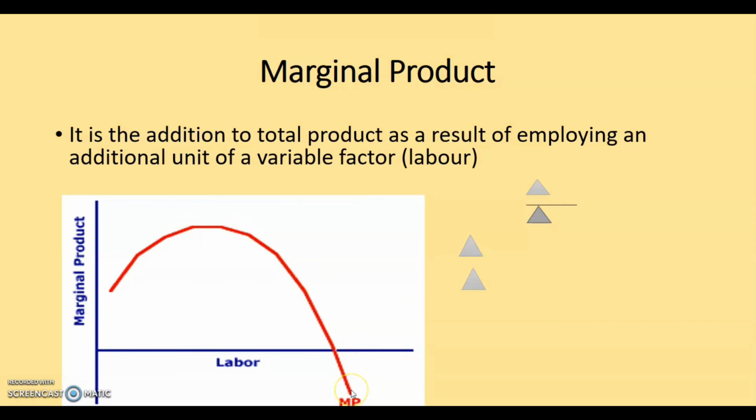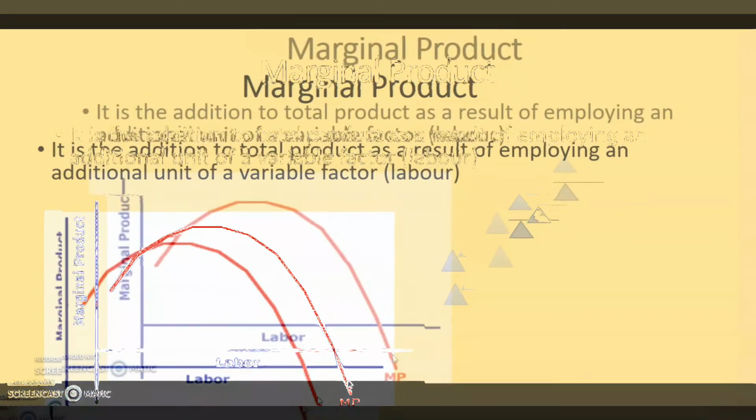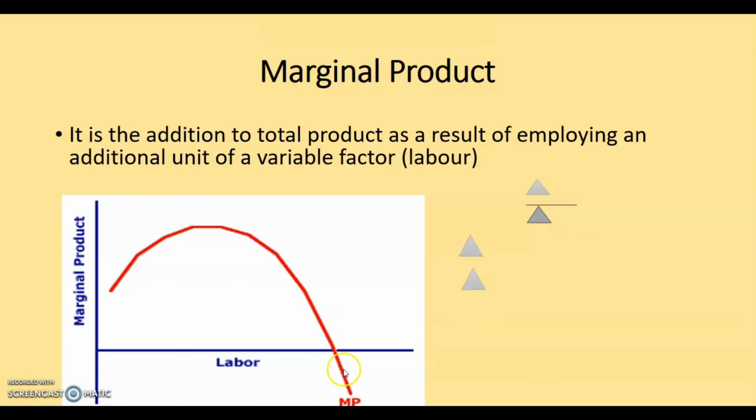In my next video, I will explain why the marginal product becomes negative. I'm going to explain that in my next video. But that is the graphical representation of the marginal product. It increases, attains a maximum, falls, and then enters the negative zone.